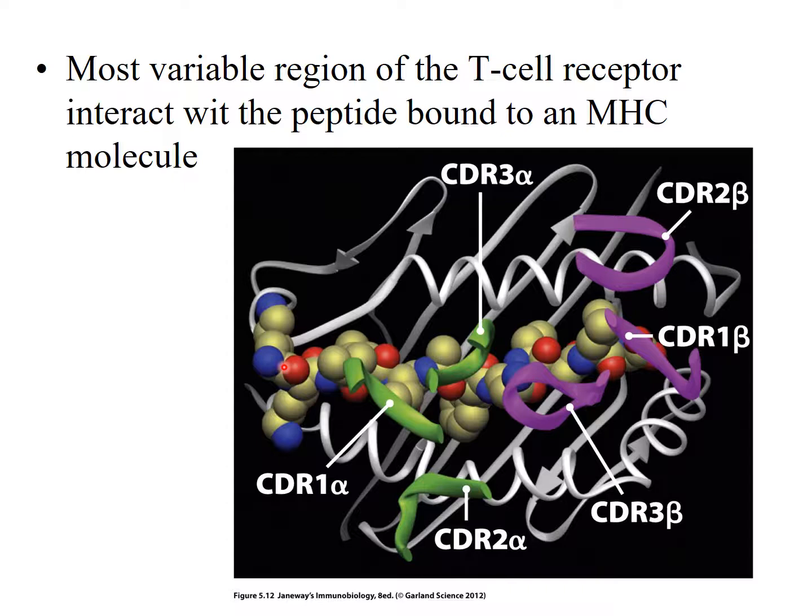So, by having the P palindromic sequences and the N randomness, it increases our potential for something here in these strands that will be able to interact with all potential epitopes you can be exposed to.